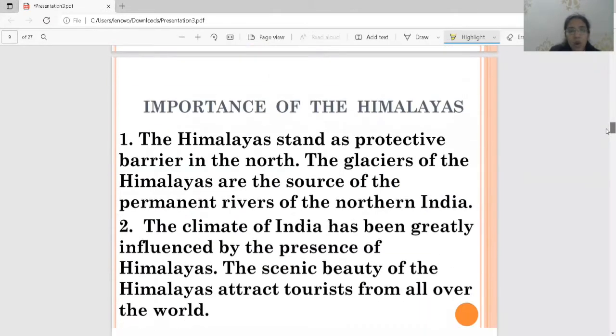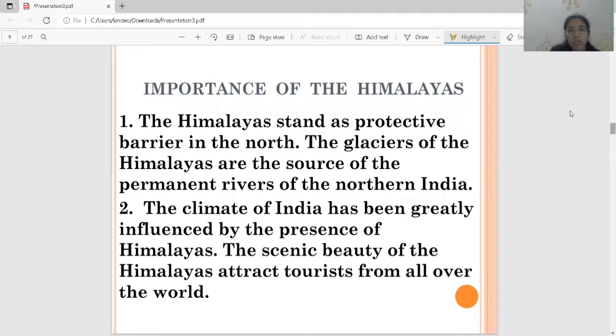Next, we are going to talk about the importance of Himalayas. Beta, I'm going to ask you the questions which you are underlining in your books now. Why are Himalayas important? Himalayas act as a protective barrier in the north. The glaciers of Himalayas are the main source of permanent rivers.